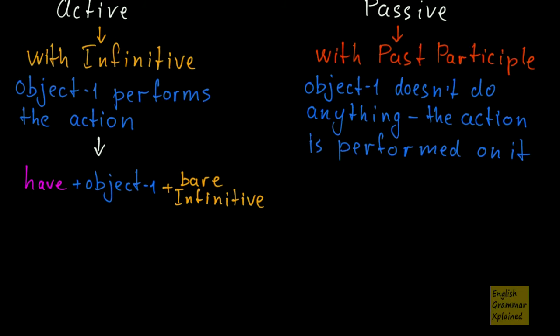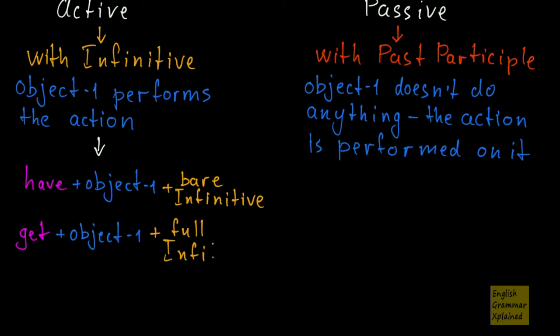But if we use get, we also have object number one, just like this. But we have a full infinitive. With get, we have a full infinitive.